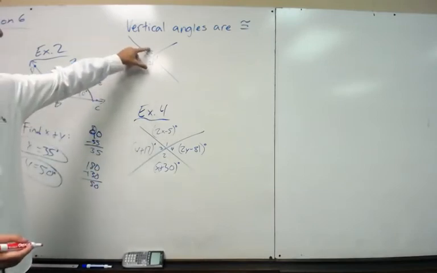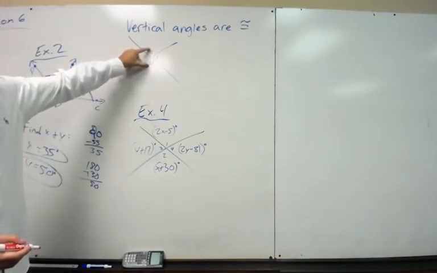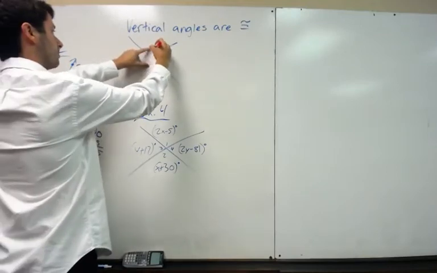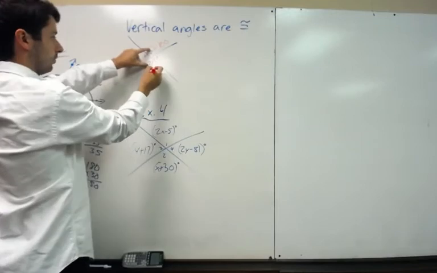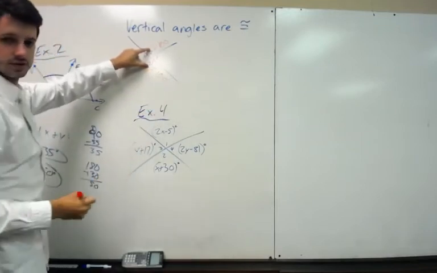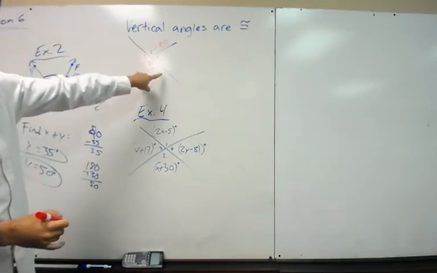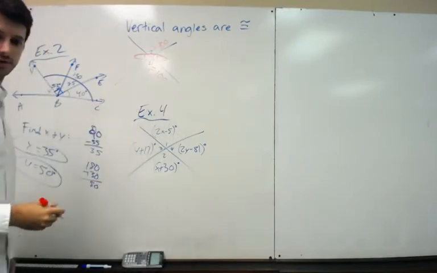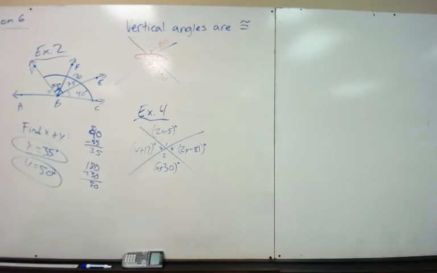So 2 and 2, these angles are vertical, therefore congruent. So if this angle was 100, we would know that this one was also 100. And then the same can be said about the two horizontal vertical angles. Those would be congruent as well.